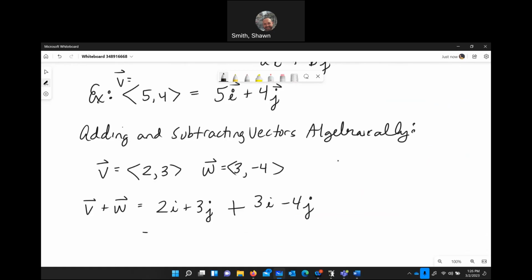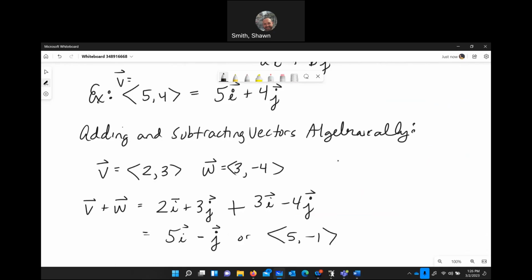You're just combining like terms. Gives you a total of 5 i's, and 3j's plus a negative 4j is negative 1j. So if I wanted it back in component form, I can rewrite it as 5, negative 1.